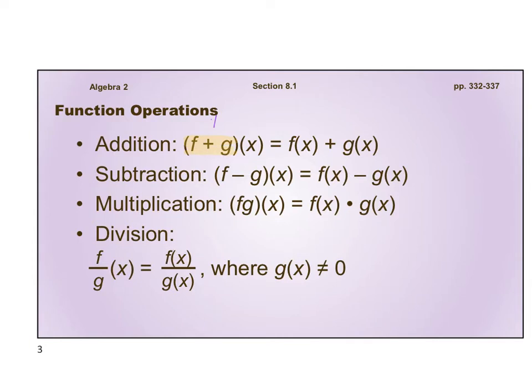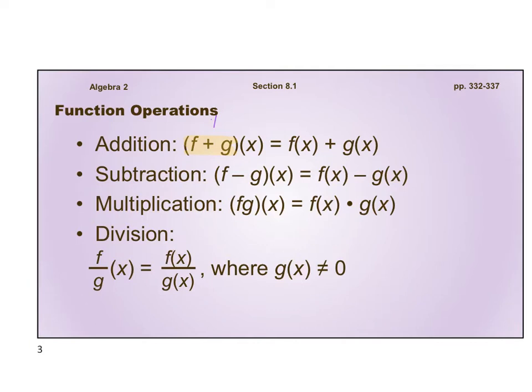F plus g is inside parentheses. So it's f plus g of x. Now it's going to look like it's multiplication, but it actually isn't. It's saying the function that is the sum of f and g with x plugged into it is equal to. That's what that actually is saying. It's not multiplication. If you think it's multiplication, you're going to mess up later on.